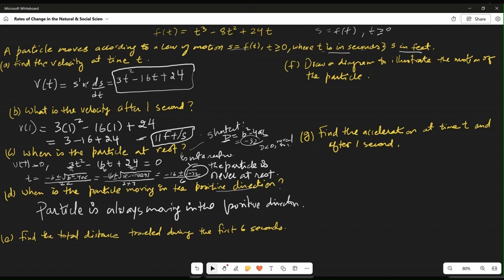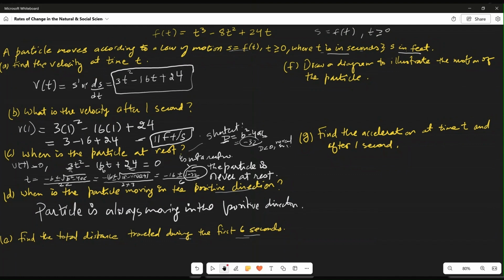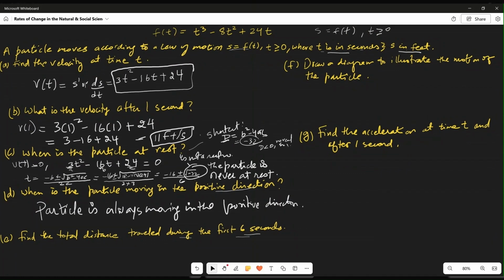Okay, let's look at part e now. Find the total distance traveled during the first 6 seconds. Make sure you're paying attention. It's saying find the total distance traveled during the first 6 seconds. This means the total distance, which is simply the change in position. So we plug the values into the position function, not the velocity function, which only tells us how fast a particle is moving in a particular direction.